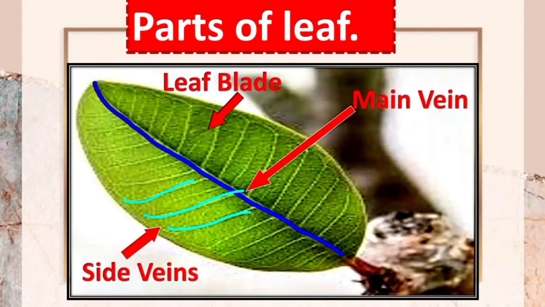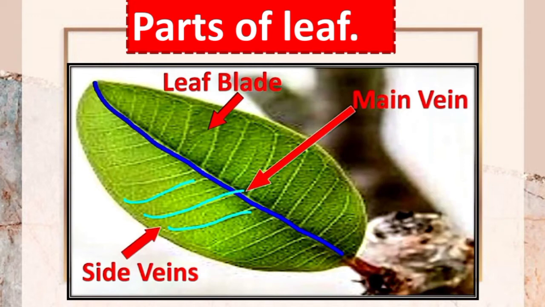So children, now we will study about parts of a leaf, right? If we look at a leaf very closely, we will see that it has a flat part, and what is it called? Let us learn the names of the parts.